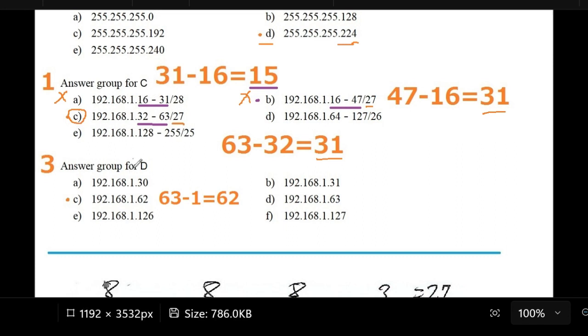Now for answer group D, actually I think it was yesterday, I chose letter D, 63, but it turns out it's letter C, 62. And I'm thinking that the reason for that is because, first, remember that we chose letter C and the last number here in the range is 63, right?